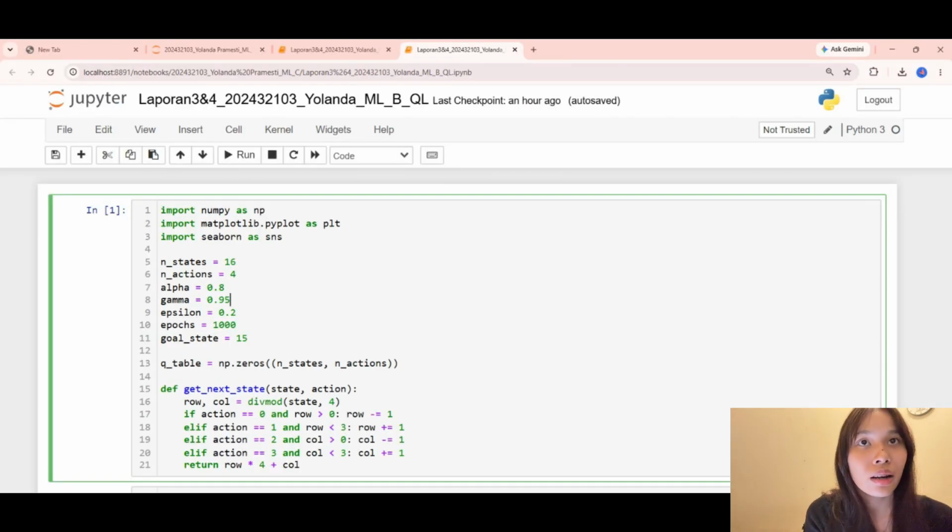Next, Q-learning. Let's transition into the second part of the project, which is reinforcement learning using the Q-learning algorithm.